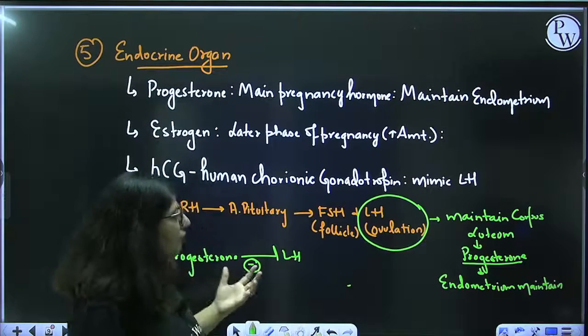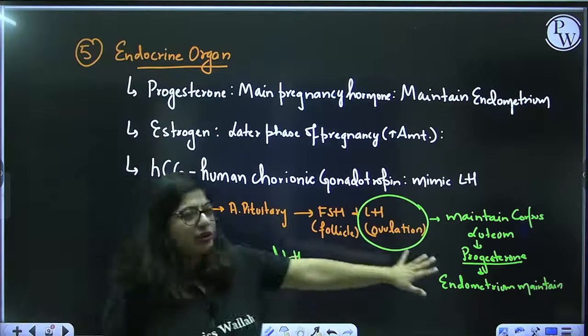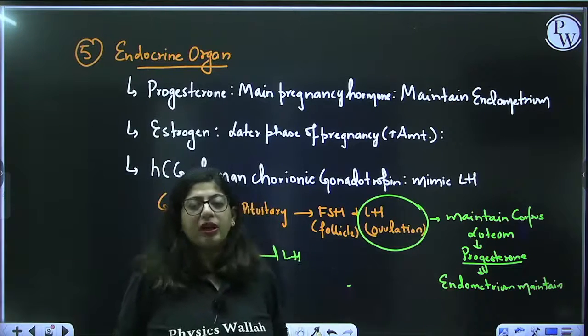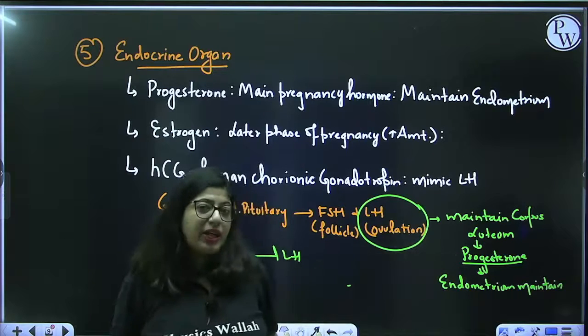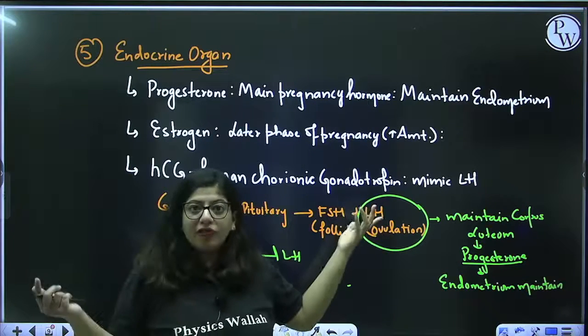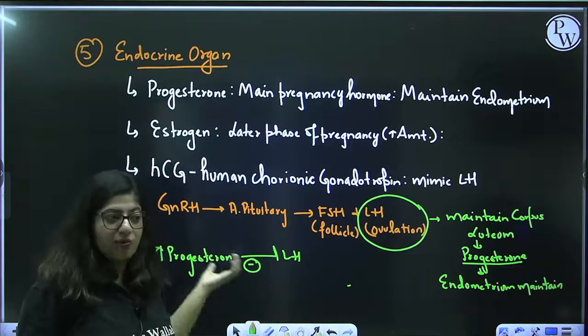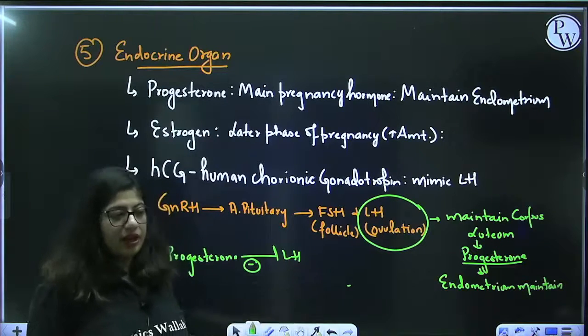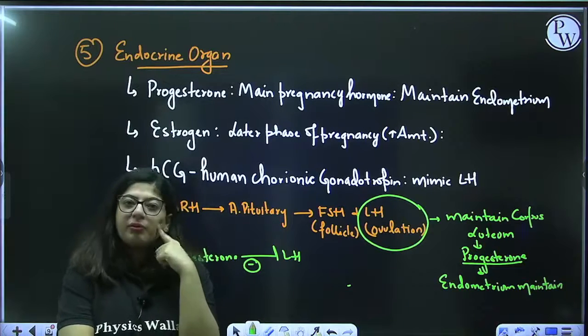Now, imagine a female is pregnant. In the first 3 months, we are dependent on the corpus luteum for progesterone because the placenta is not fully formed. But when progesterone is higher, LH will move away because progesterone inhibits LH, right? Then how will progesterone be maintained, how will the endometrium be maintained?